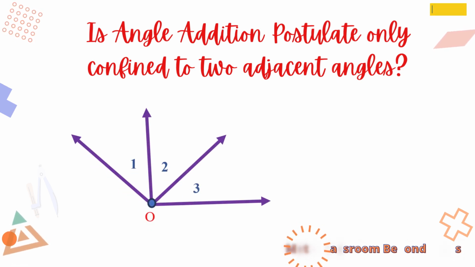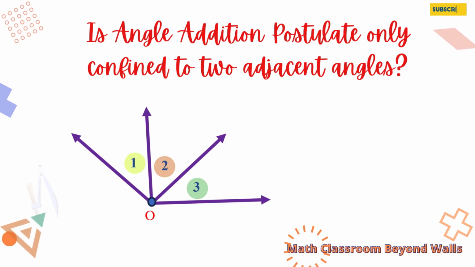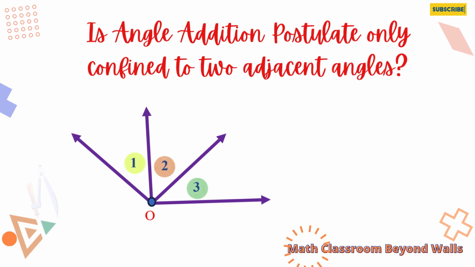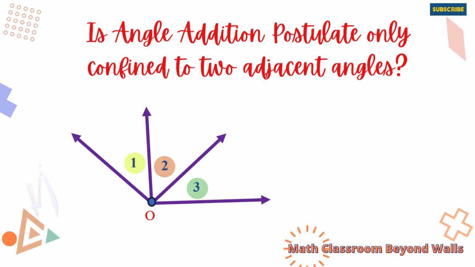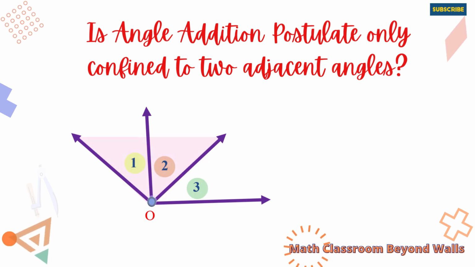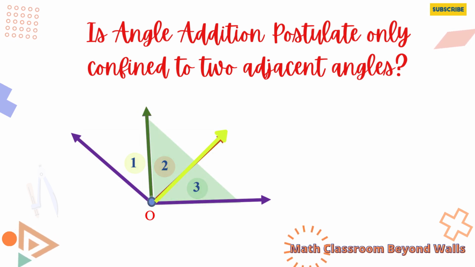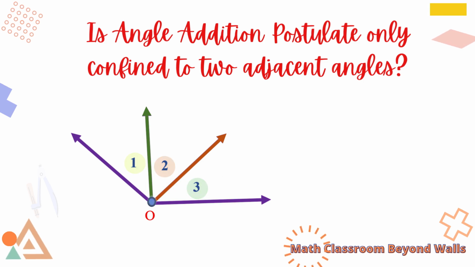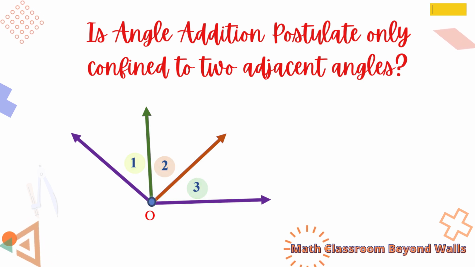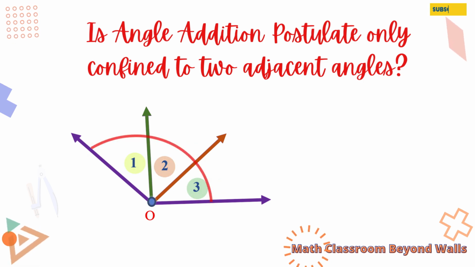Let us look at the diagram here, learners. Here, angles 1, 2, and 3 are positioned side by side. They share a common vertex, and each pair of angles share a common side, the ray, no overlap. So they are adjacent. Clearly, the smaller angles, angles 1, 2, and 3, altogether form a large angle.